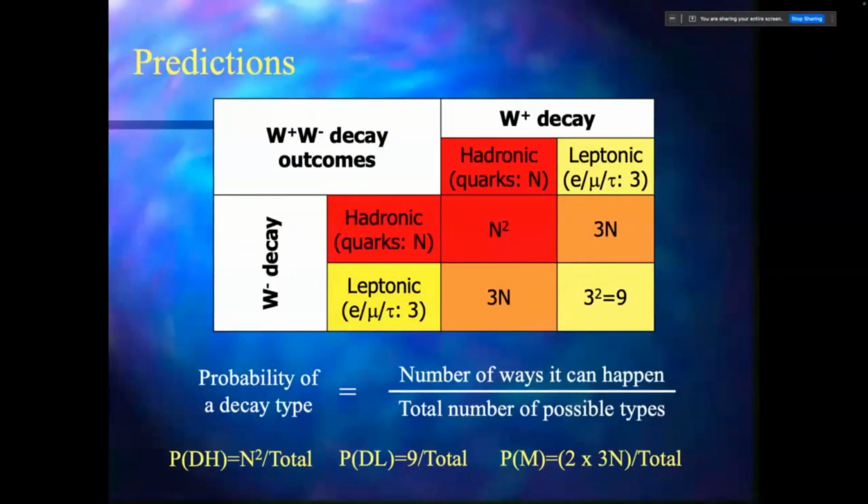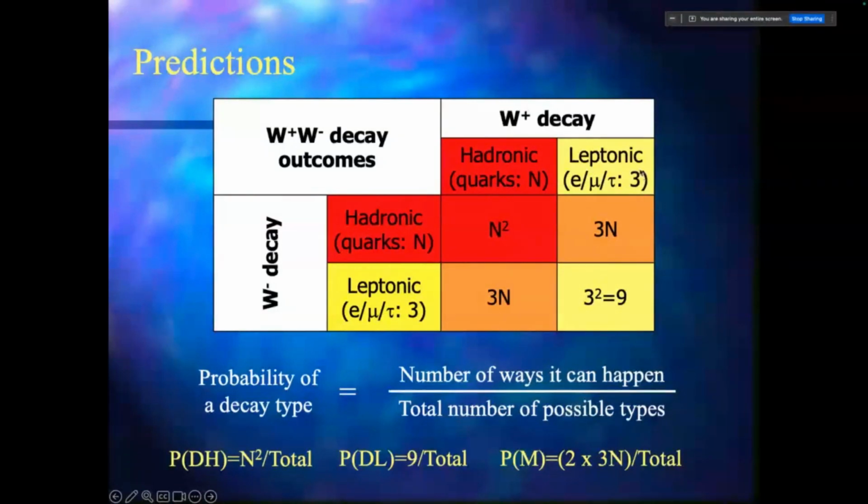So we are trying to count the number of types of ways in which the W can decay into quarks. So the number of quarks, basically. So this is a similar version of the table that I showed you earlier, except now we're counting possibilities. Okay, so as we said, each W can decay either hadronically or leptonically.